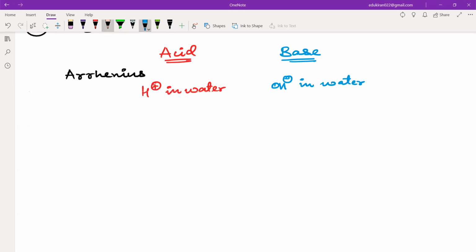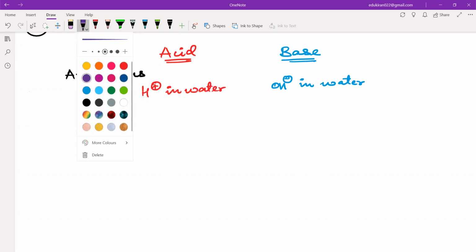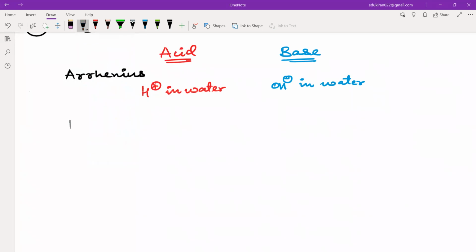Then who came along? The next after Arrhenius was Bronsted-Lowry. In the Bronsted-Lowry definition, an acid is something that will give you H plus, so an H plus donor, and a base is an H plus acceptor.